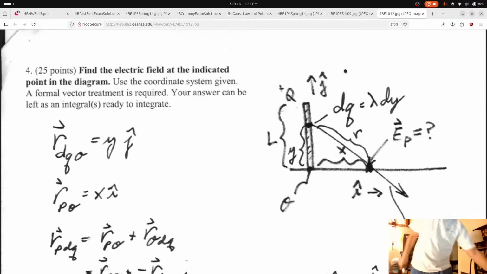Okay, so length L, Q, okay, P, just X. Okay, this is the class. Okay, so wrong. Q, origin.